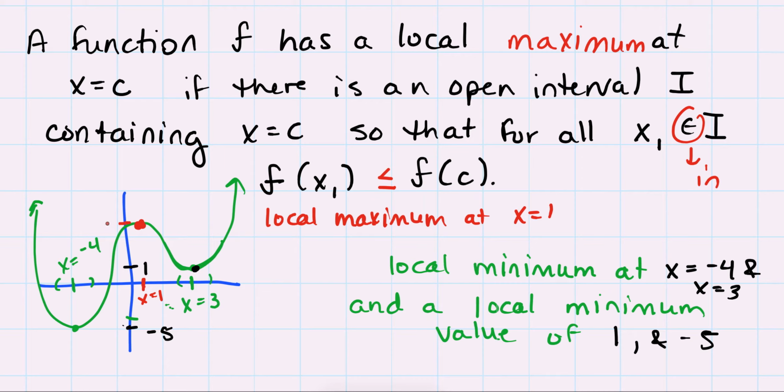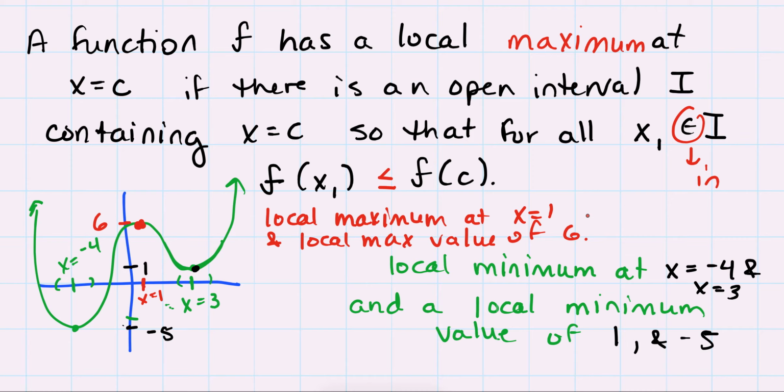And let's say this number, I don't know, let's say 6. And local max value of 6. So overall, you don't really have to memorize these definitions. I just want you to visually understand what a local minimum and a local maximum are.